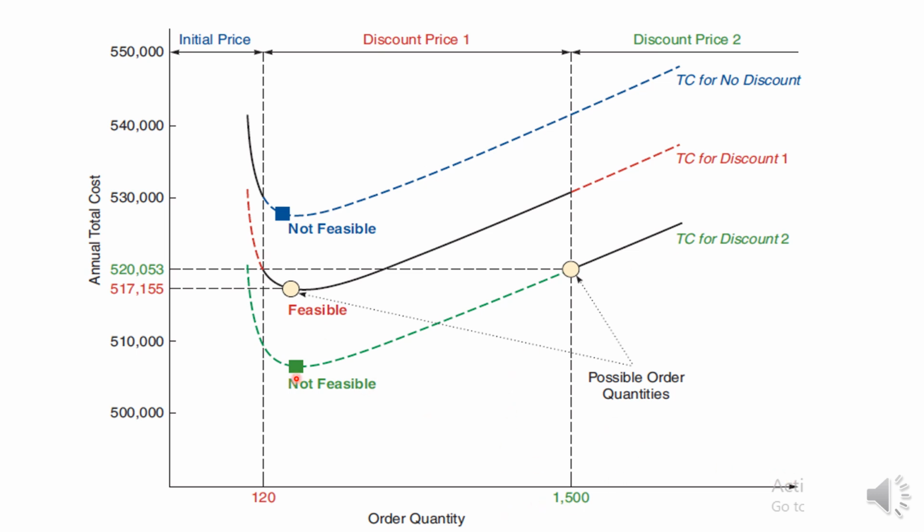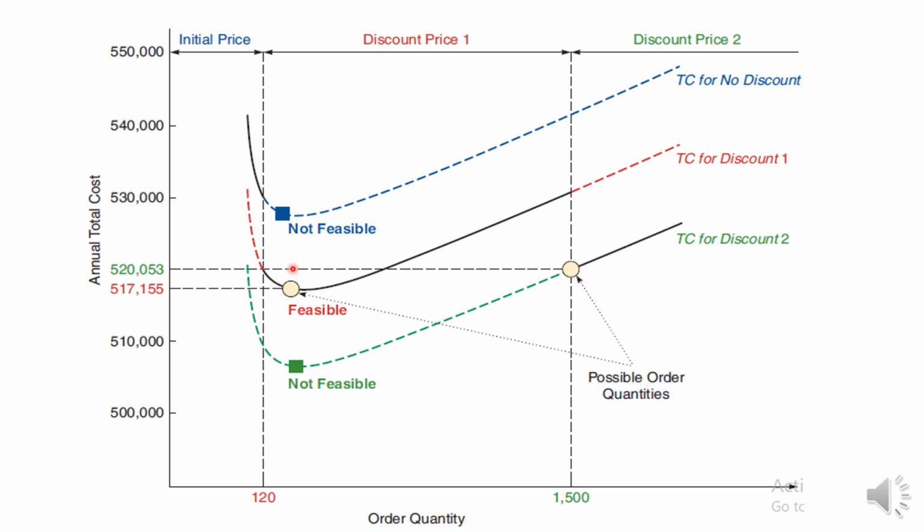But our EOQ is telling us that above 120 only we can get the least total cost. So we cannot take this because it is not feasible. So the second EOQ we will find out with the second most least price.